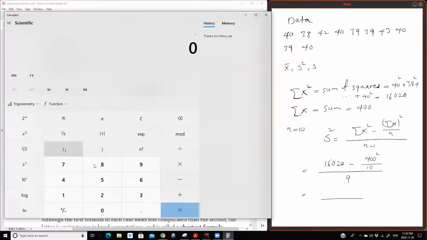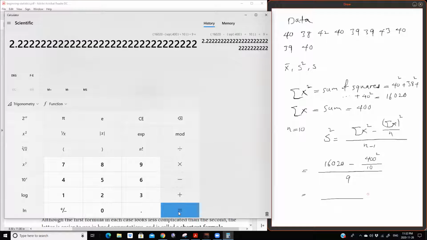I'm going to open a brace, 16,020 minus, I'm going to open another brace, 400 squared divided by 10, close that brace, close that other brace as well, and then divided by 9. So it gives me 2.222 forever.